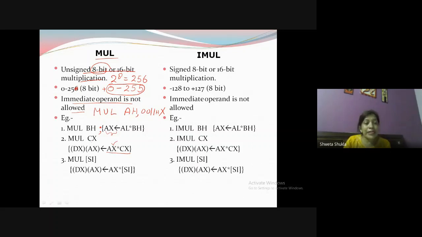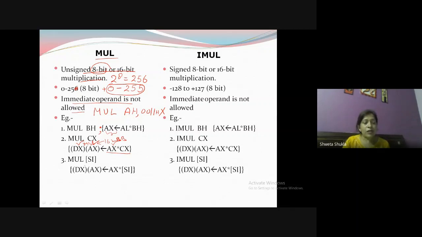That means now you need two registers to save it. So in this case, you will use the AX register as well as the DX register. The LSB, the least significant 16 bits, will be saved in the AX register, and the MSB will be saved in the DX register. Remember this thing.